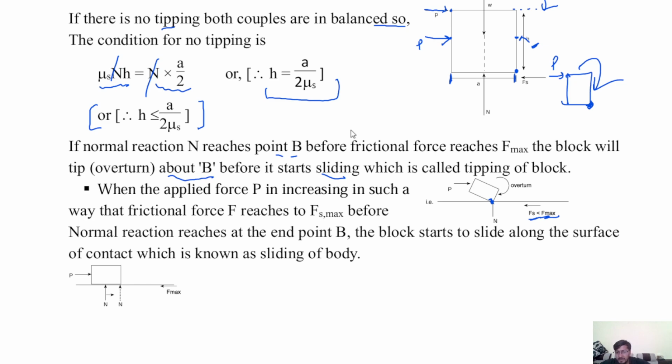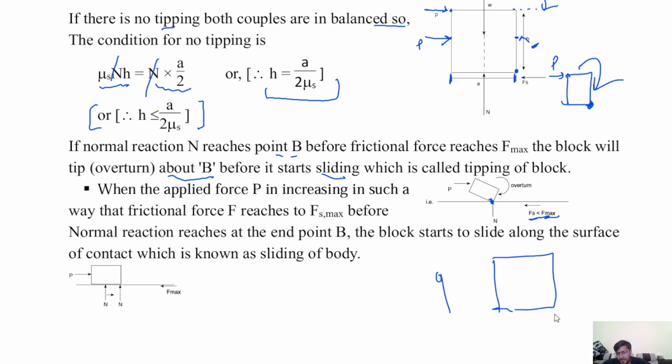This object starts sliding when the applied force and friction balance each other, so the body slides. But here the normal reaction reaches point B before the frictional force reaches F max, so the block will tip or overturn.